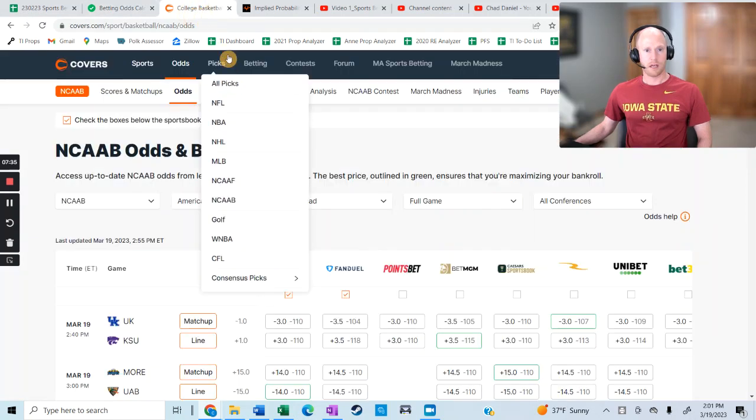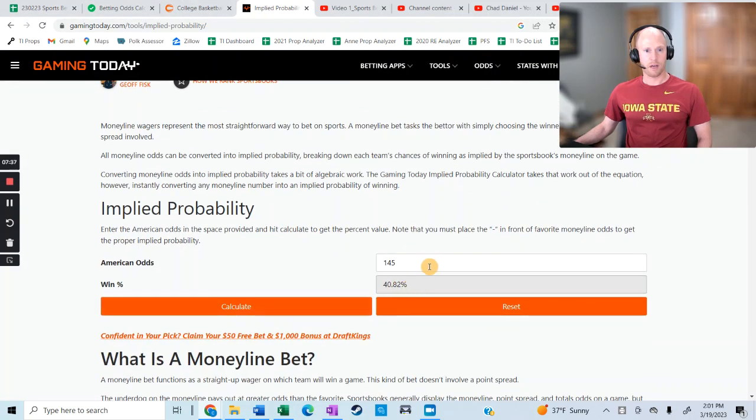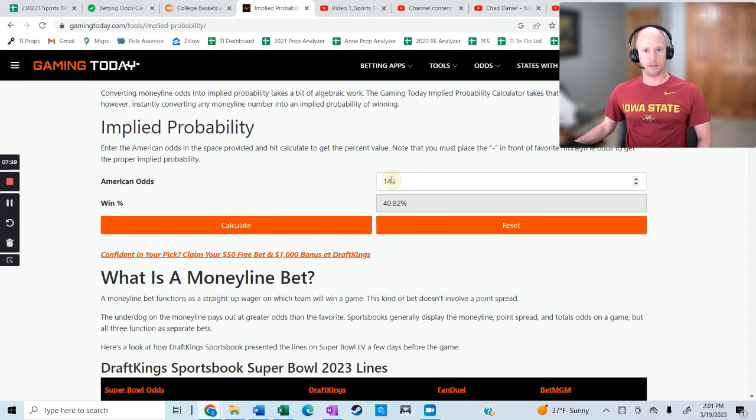There are other calculators out there about implied probability. You can go ahead and just Google that if you want. And for example, negative 110 odds, again, we see it's a 52% implied probability of winning that bet.